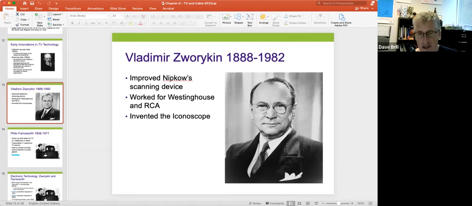And he went to work for Westinghouse and RCA. Zworykin invented the iconoscope, the first TV camera tube to convert light rays into electrical signals, and he patented that in 1928. So Vladimir Zworykin is a key figure in television's development, but he and another gentleman who I'm about to introduce you to got into a protracted legal battle, which we'll talk about.